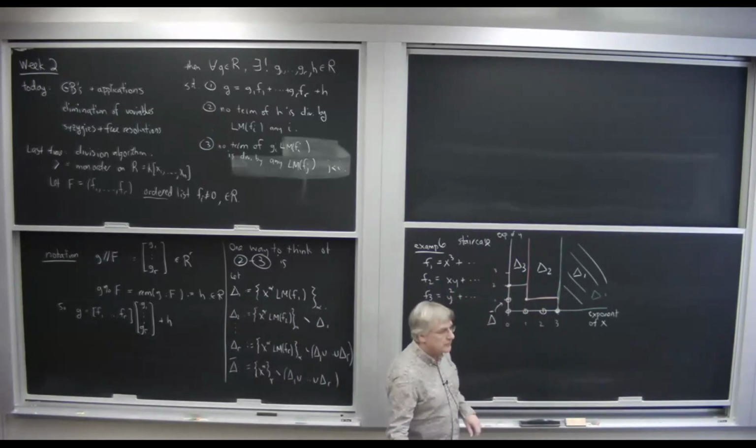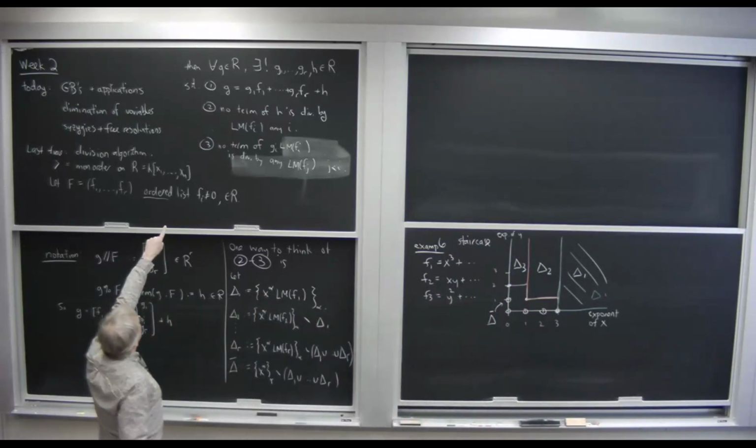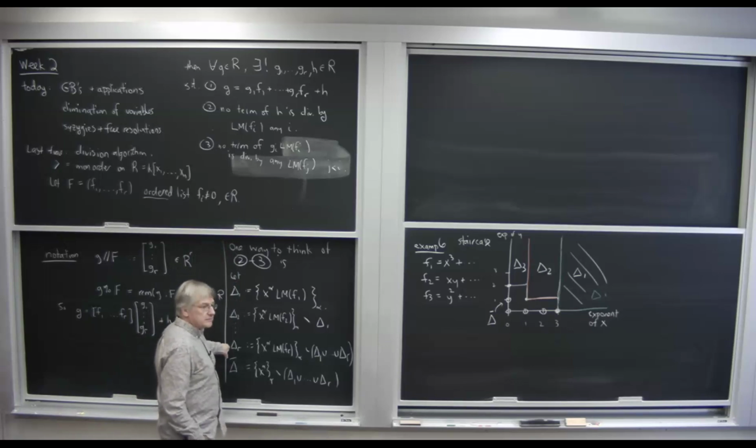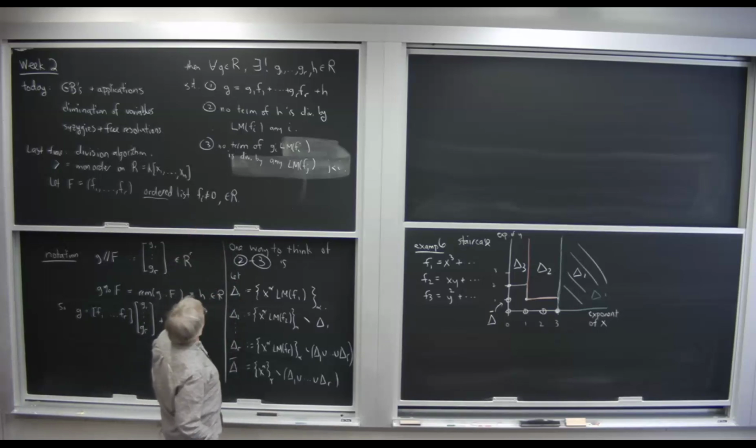Can you just restate what the interpretation of 2 and 3 was in terms of the delta? Yeah, so 3 would say that all the terms of GI times the lead monomial of FI are in delta I. Okay, and then 2 says that all the monomials of H are in delta bar.